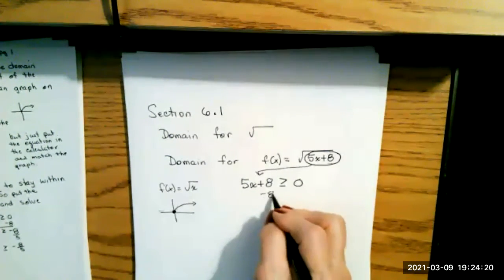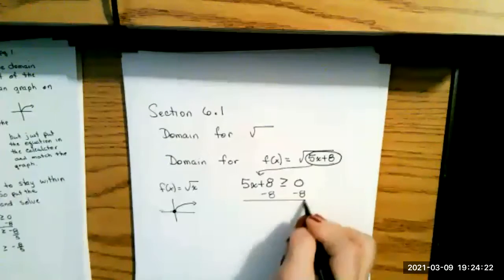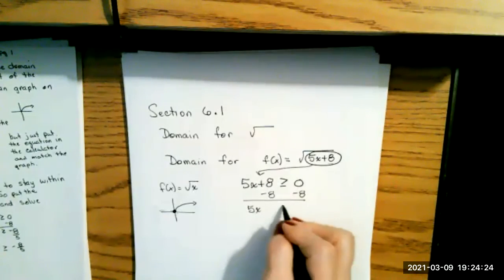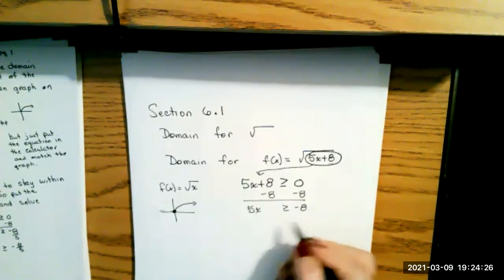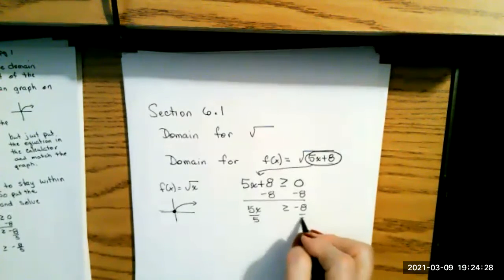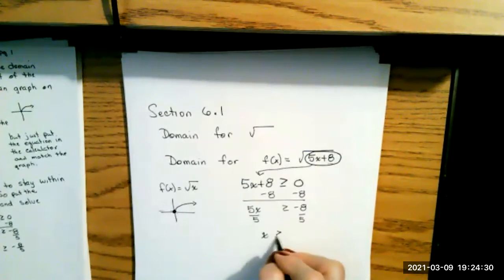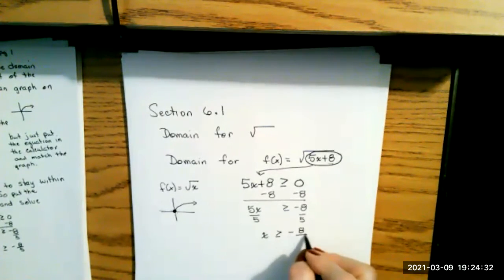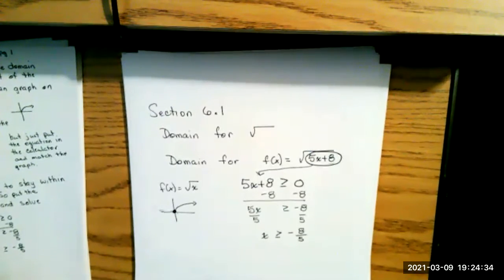So now we solve it by subtracting 8 from both sides, and we get 5x is greater than or equal to negative 8. Divide out the 5, and x is greater than or equal to negative 8/5. So they want the domain just like this. It will look like this.